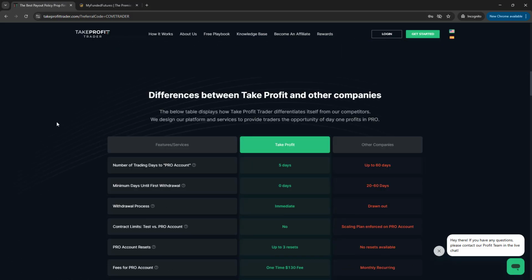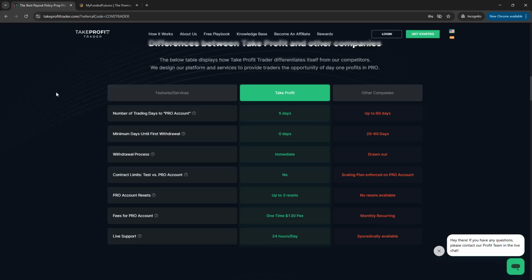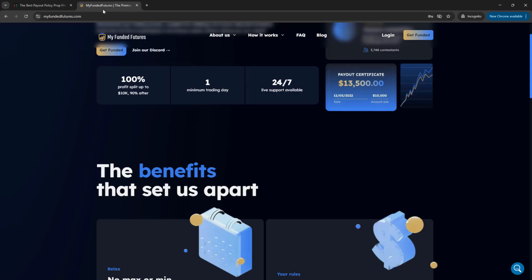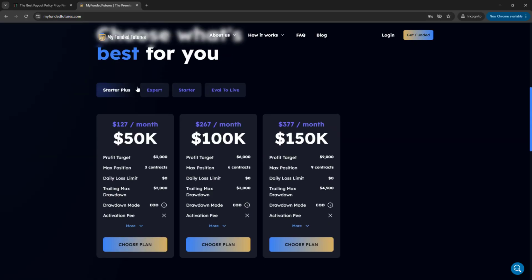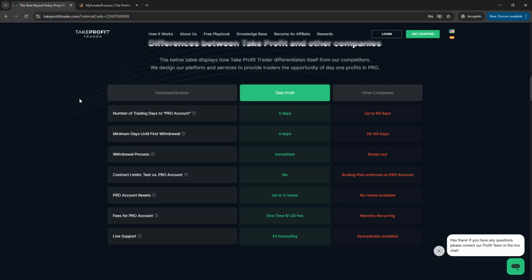Just to run over the main differences, you could pass a My Funded Futures account in one day, depending on which one you get. There's a Starter Plus, Expert, Starter, and Eval to Live. Take Profit Trader has a 50% consistency rule on the evals, and it takes 5 trading days. You could still flip, but they do have a consistency rule.